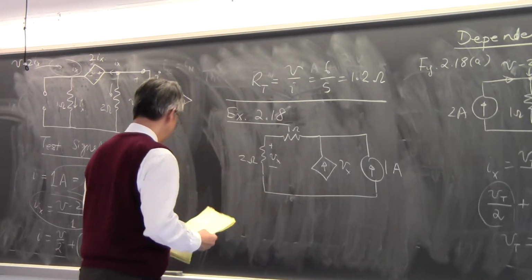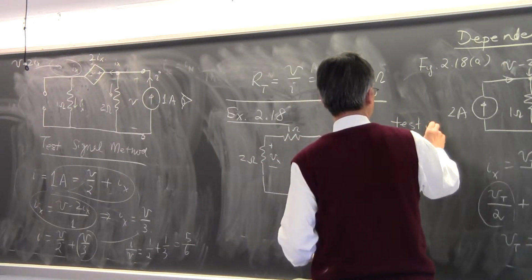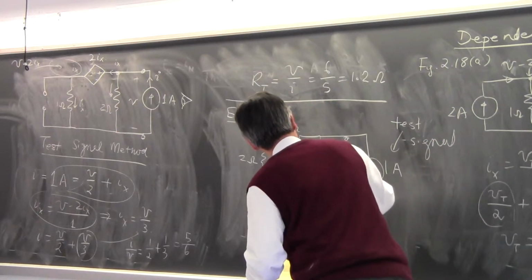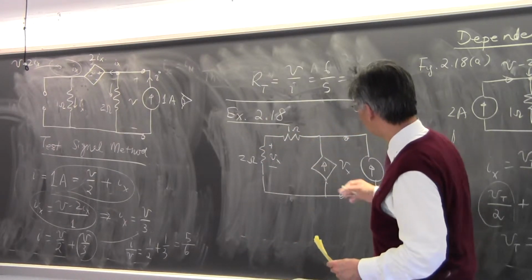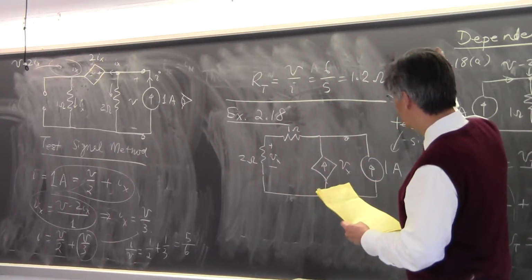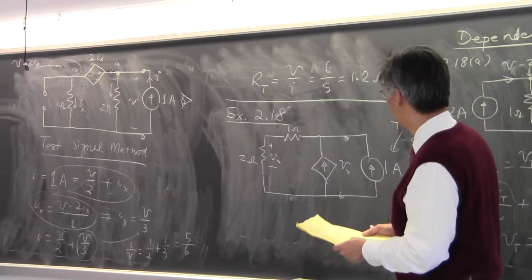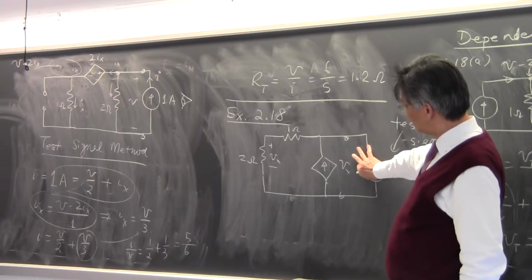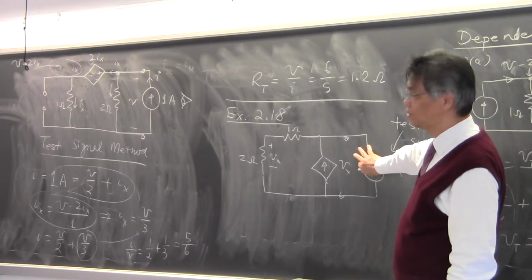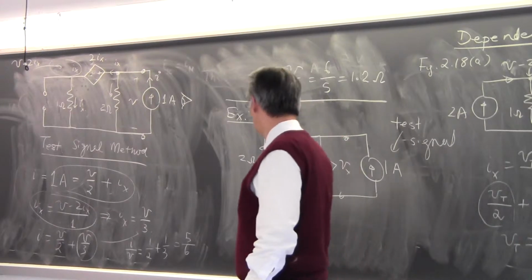Actually, this one is a test signal. I'm interested in what the equivalent circuit looks like this way. Since this has dependent sources, I would like to use a test signal method to find RT. If I were to not have any test signal, this circuit does not have any internal sources, so its Vt must be 0.